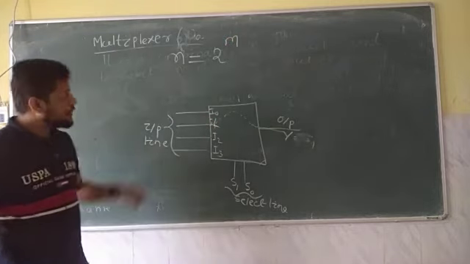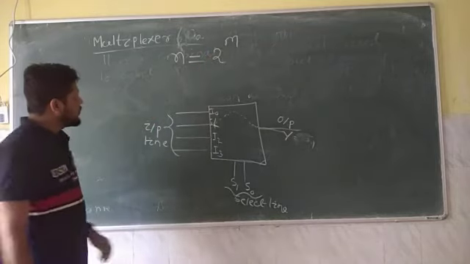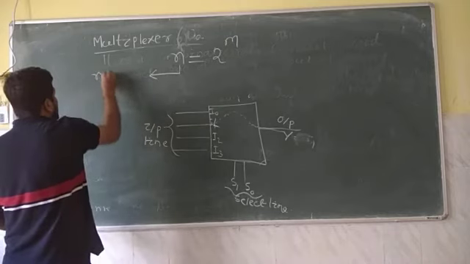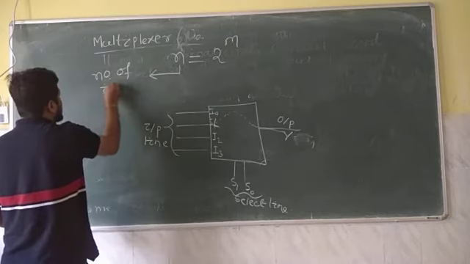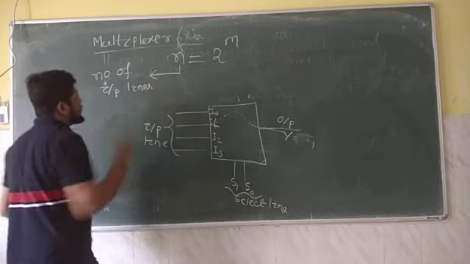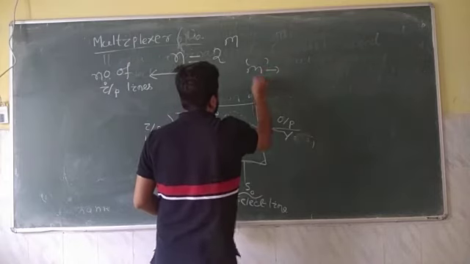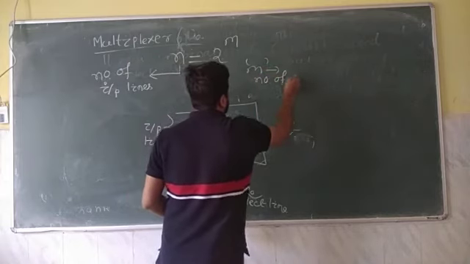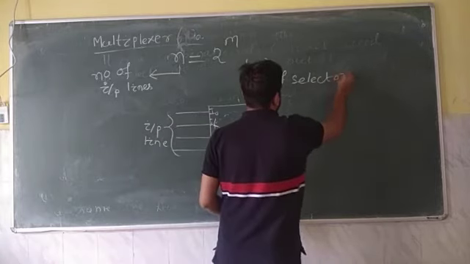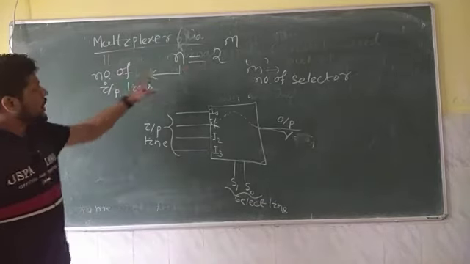So the number of input lines is always in the form of 2 to the power m. Here n is the number of input lines, and m stands for the number of data selection lines or selectors. So n is equal to 2 to the power m.